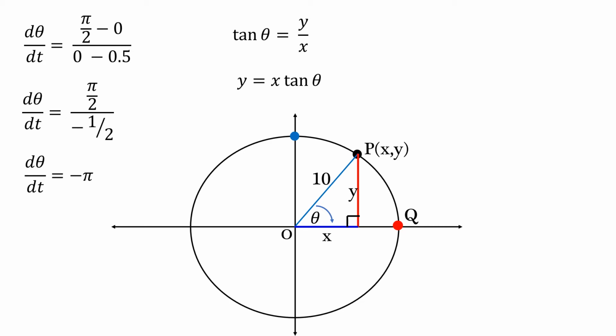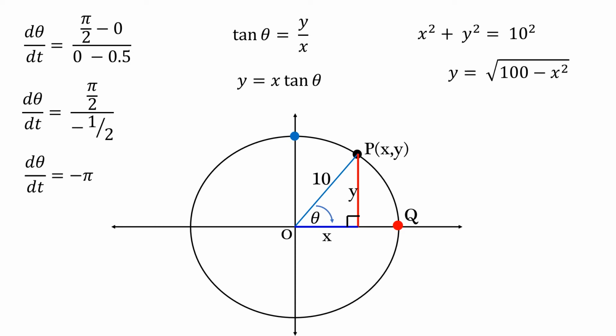Let's look again at our right triangle. As you can see, the hypotenuse is 10, the vertical side is y, and the horizontal side is x, and we can take advantage of the Pythagorean theorem. So we can say x squared plus y squared equals 10 squared. Now we are going to solve for y in terms of x. So we have y equals the square root of 100 minus x squared.